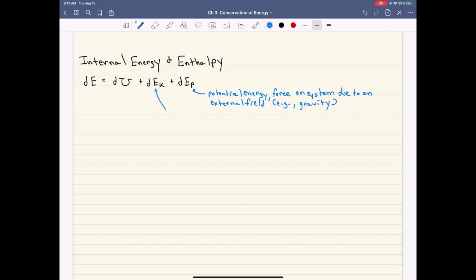The middle term here, this refers to the change in kinetic energy. And so for kinetic energy, what we're talking about is translational motion of the center of mass of our entire system.